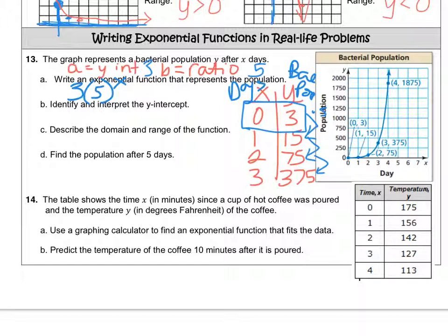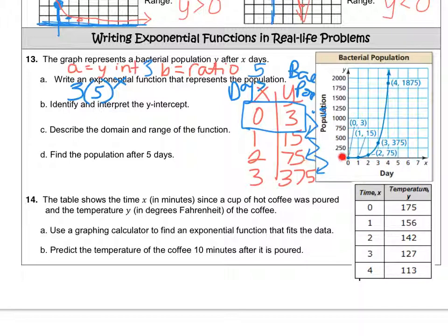Our domain and range, this is a little different because we're now in a real life situation. Our domain starts at the left. Now we know that if this were not a real life situation, this graph would go on forever, never touching the 0. But if we look at what x is representing, it's representing days.